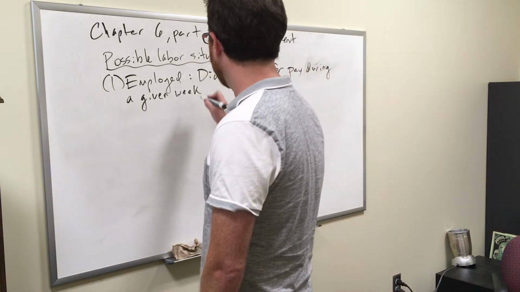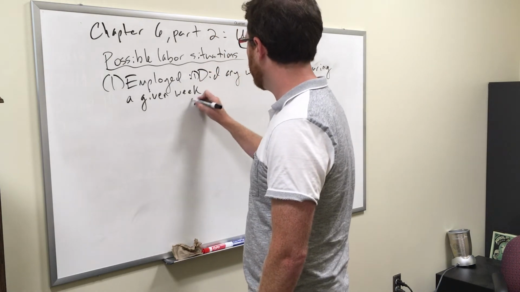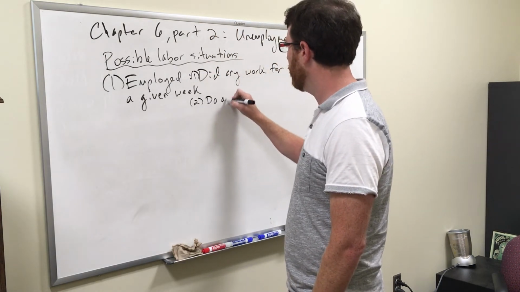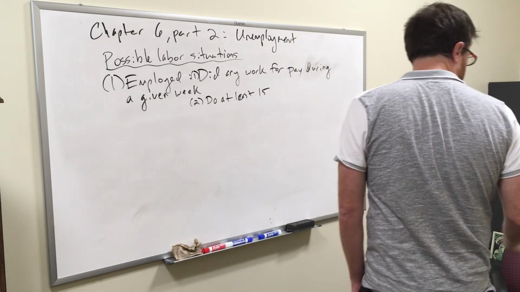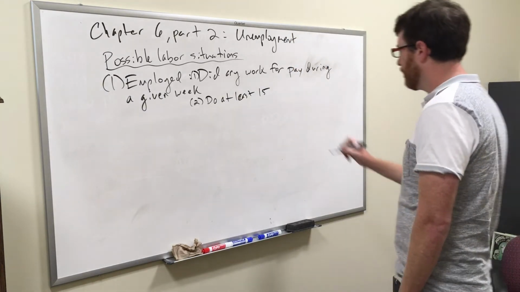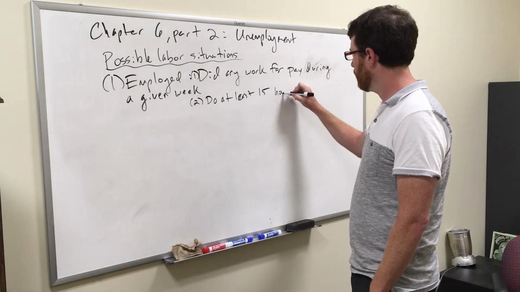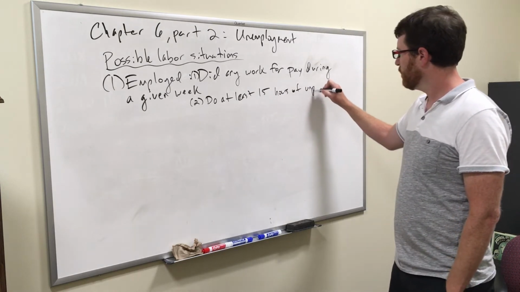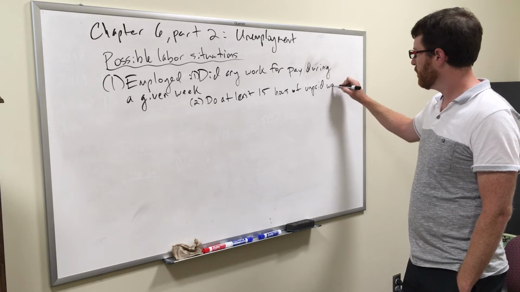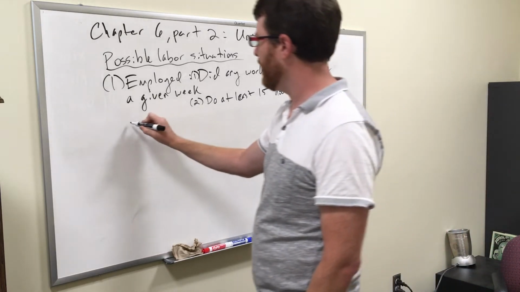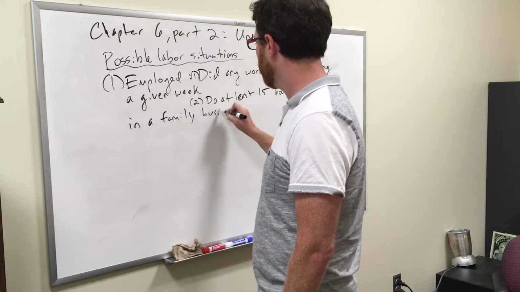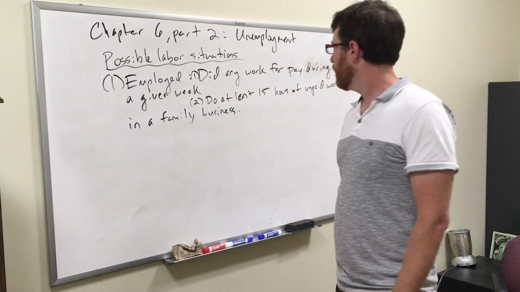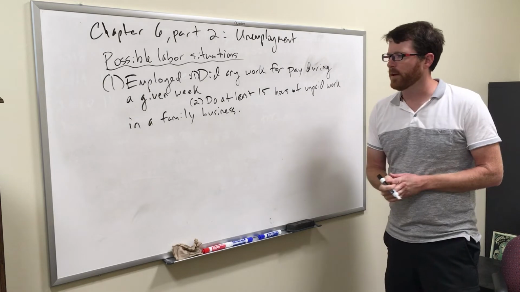The other way to be employed, so that's one. A second way to be employed is to do at least 15 hours of unpaid work in essentially a family business.